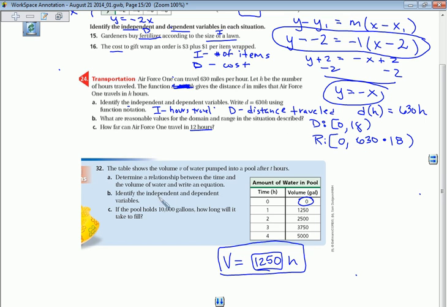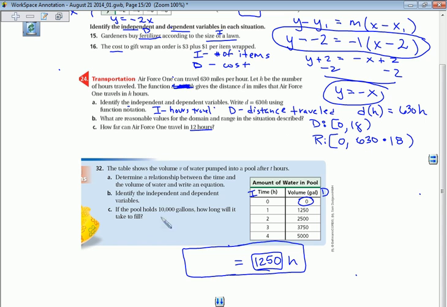Okay, our independent variable would be the time, and the volume of the pool water is dependent on how long we've been filling it. The pool holds 10,000 gallons. How long will it take to fill? That's important information that would give us the ending point of our domain and range, wouldn't it?